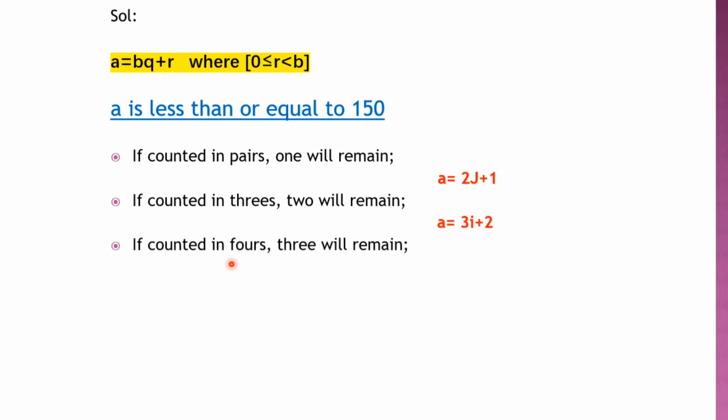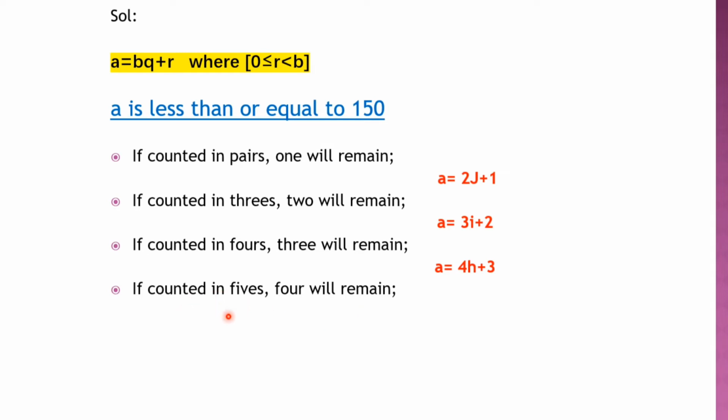If counted in fours, 3 will remain. That means a is equal to 4 times some quotient plus 3 as the remainder. If counted in fives, 4 will remain.